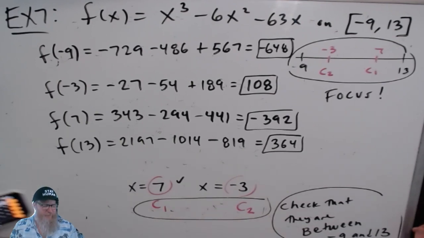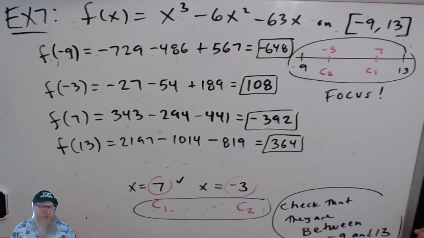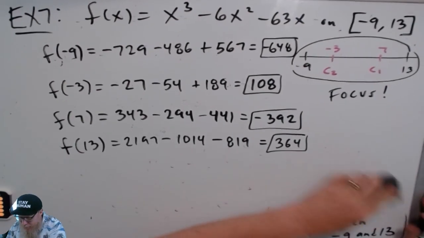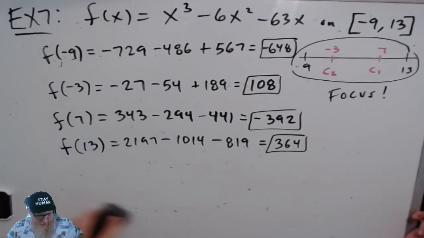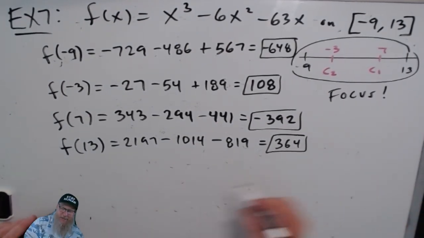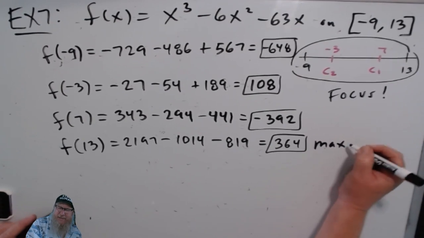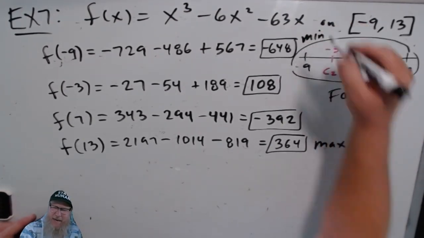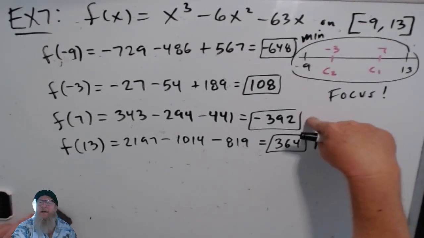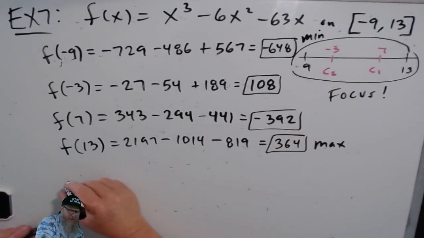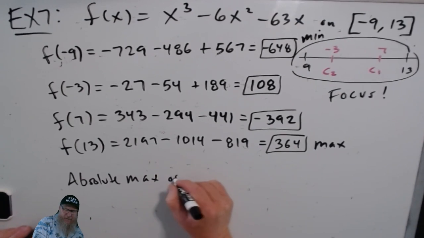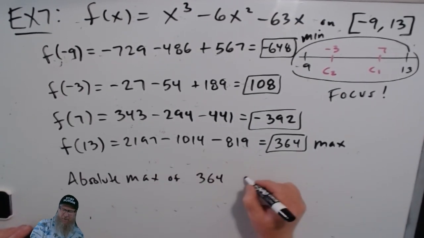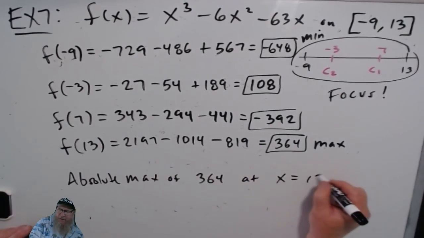All right. So look what happened. The points in the middle are non-extreme values. At least they're not absolute extremes. So this is my max. This is my min. And then these points were stuck in the middle. So I'm going to say absolute max of 364 at 13.